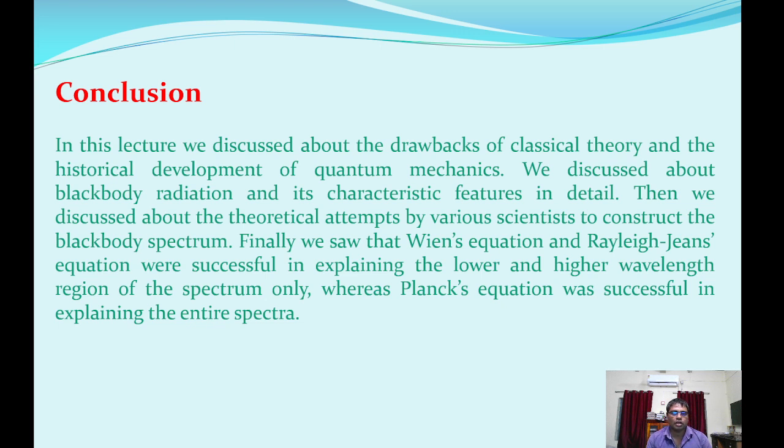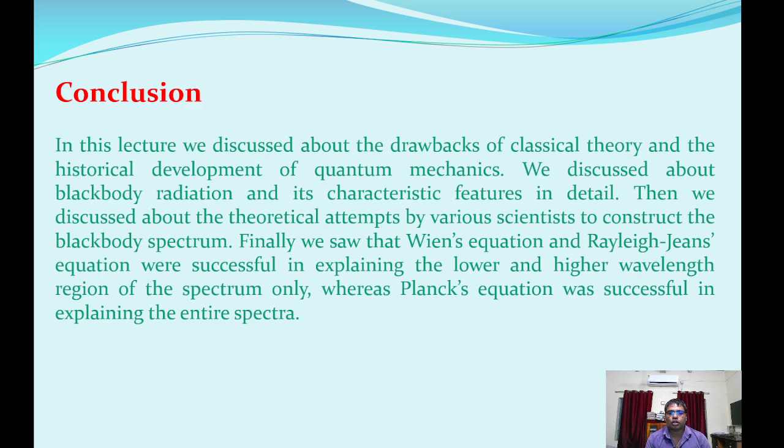Conclusion. In this lecture, we discussed the drawbacks of classical theory and the historical development of quantum mechanics. We discussed the blackbody radiation and its characteristic features in detail. Then we discussed the theoretical attempts by various scientists to construct the blackbody spectrum.